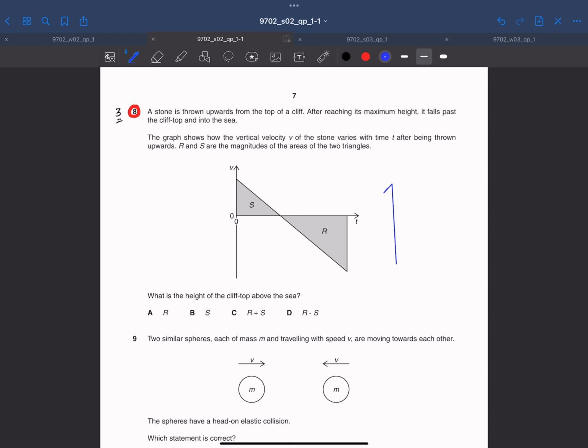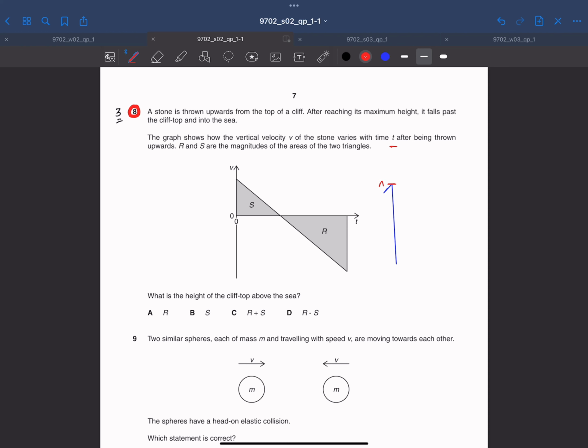So the cliff, after reaching its maximum height, you have thrown something from this point, and the maximum height is suppose somewhere here. It falls past the cliff top and into the sea.